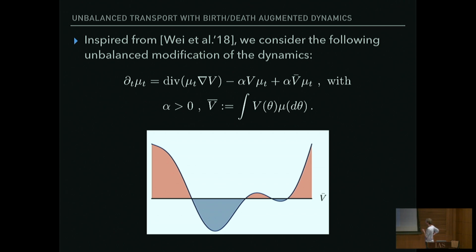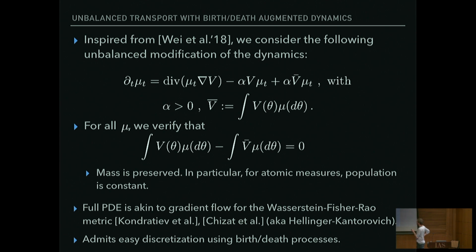Okay? You can see that this is what's done by these terms. And because what we put in this term is the average of this quantity, what you can verify very quickly is that this evolution preserves mass, right? So it's legitimate, in a sense, it describes an evolution in the space of probability measures. And in fact, one can relate this change to essentially changing the metric, right?